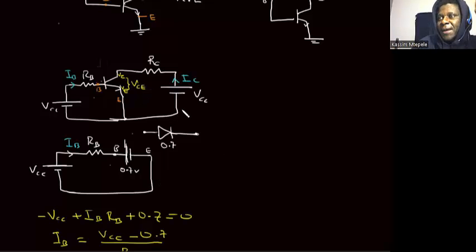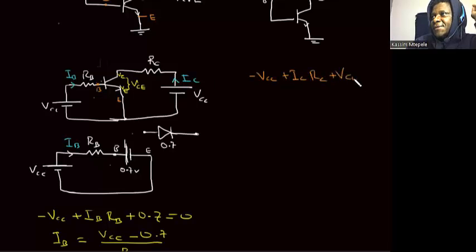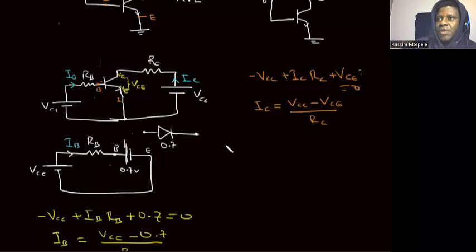If you apply Kirchhoff voltage law at this side, we will have minus VCC plus IC RC plus VCE equals 0. So IC equals VCC minus VCE over RC. That's it.